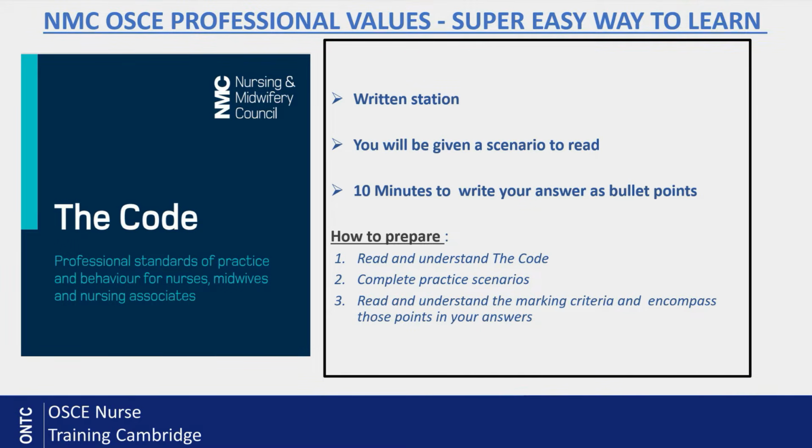You will be given a written scenario, and after reading it, you will have to write your answers on what you would do in that situation in a professional capacity as a registered nurse. This station checks your knowledge of the NMC professional code and what your professional responsibilities are when working in nursing culture in the UK.